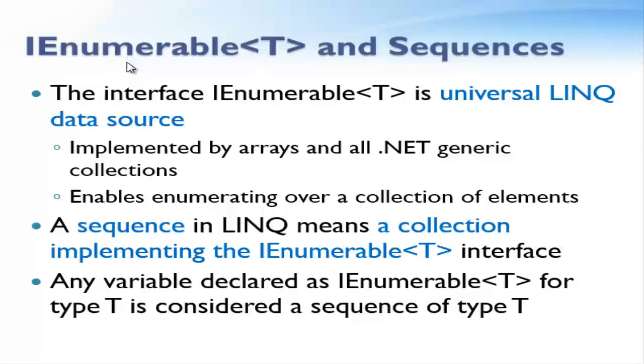In that case, there are two options left with you. One is you query it on your own by writing your own customized method. The other one is to try to typecast it as an IEnumerable of T and then start using LINQ on top of it. Whenever we talk about LINQ, we use a word called sequence.